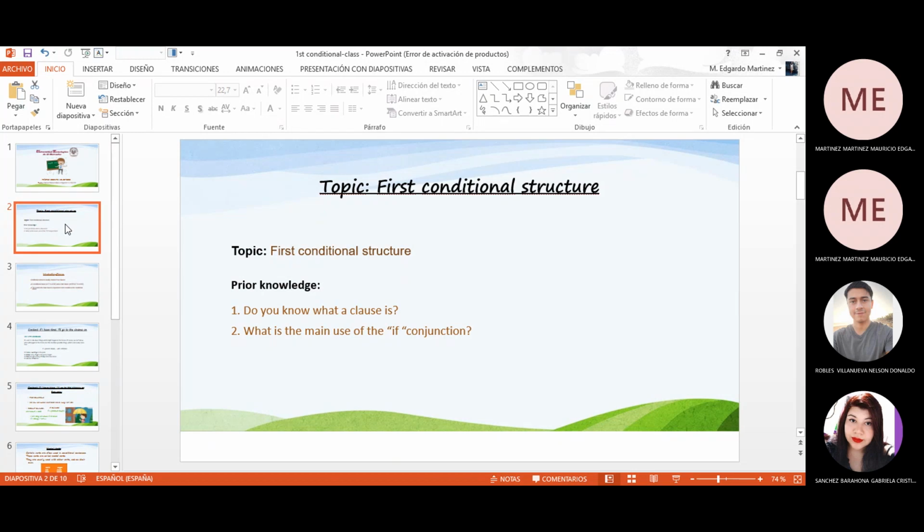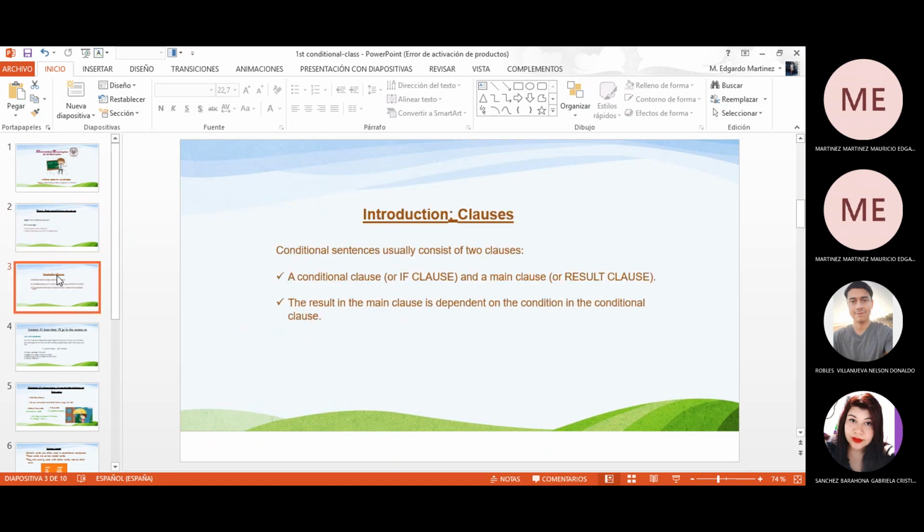We use the if conjunction to talk about possible futures, things that could happen or may happen, or maybe won't happen. There is a difference between yes and if, because if is a conjunction and yes is an affirmation for questions. Okay, let's move to the next slide.